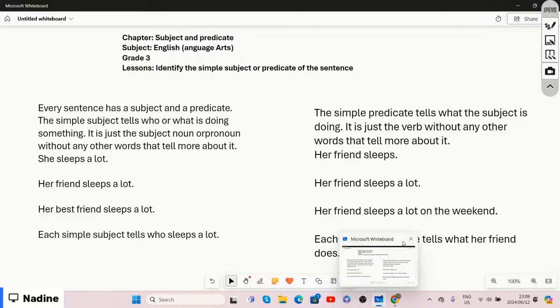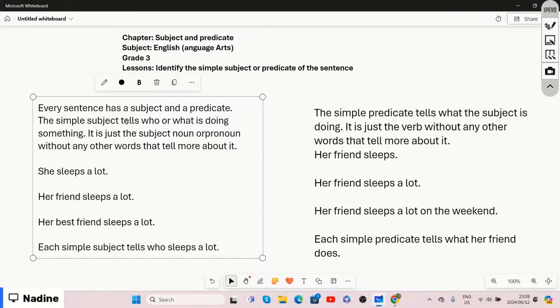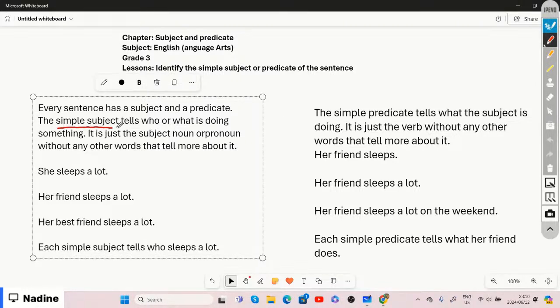Anyways, with every sentence we have a simple subject and a simple predicate. Every sentence has a subject and a predicate, and the simple subject tells us either who is doing something or what is doing something. The simple subject is just the subject noun, or the pronoun, without any other words to tell you more about it.